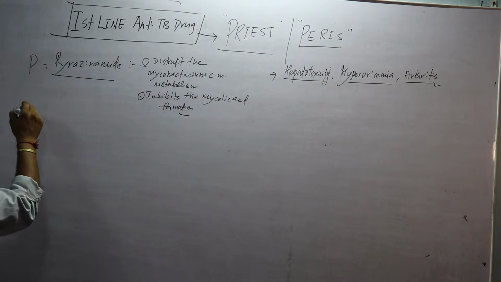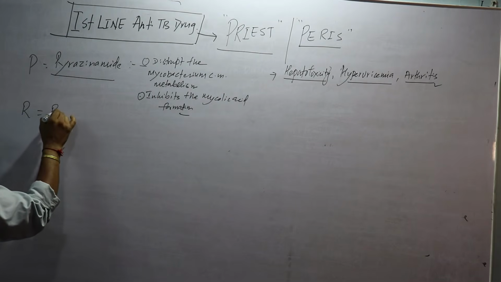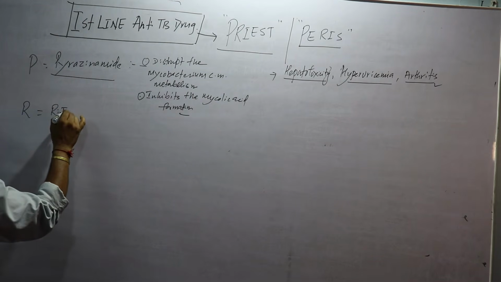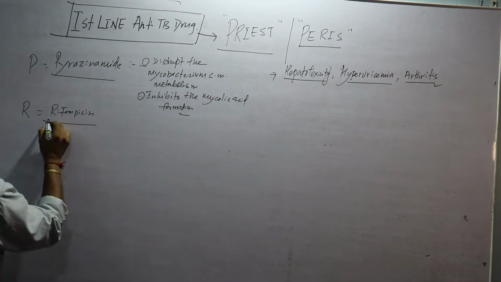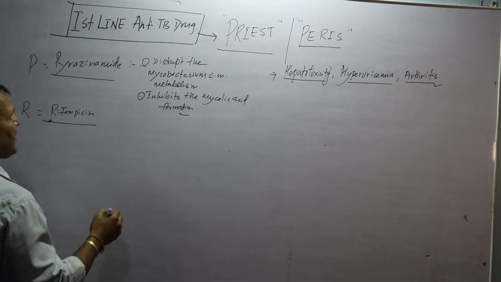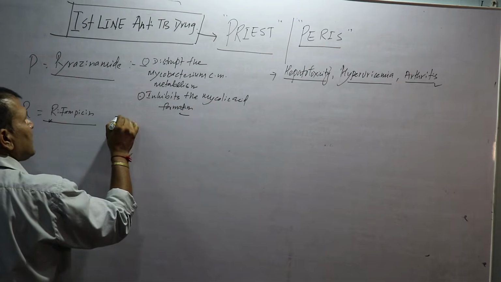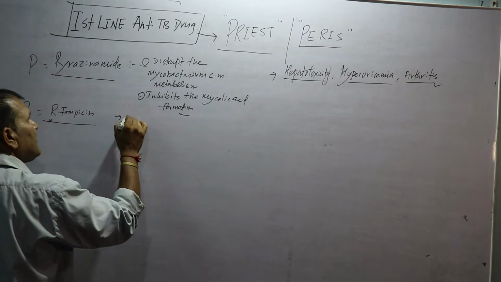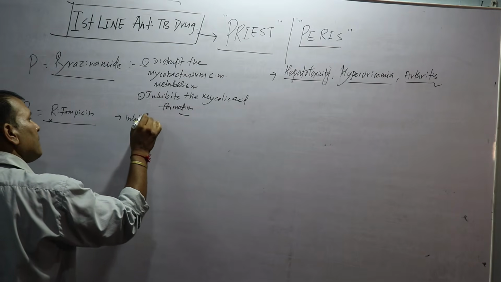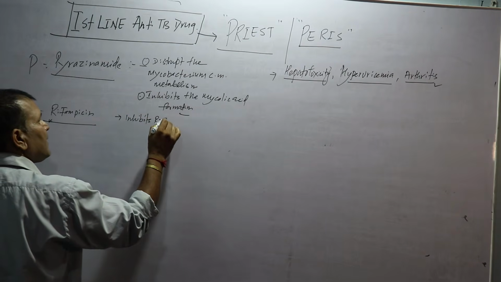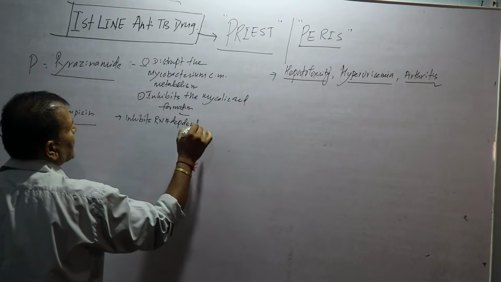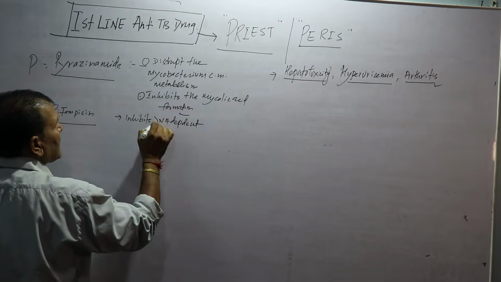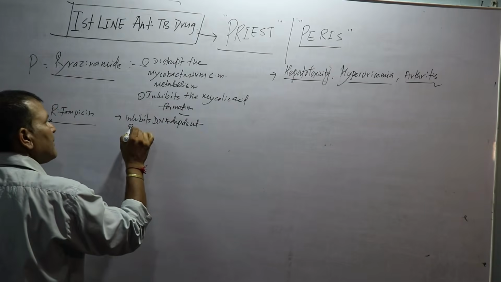So this is a common side effect of pyrazinamide. Second one, R represents rifampicin. Its mode of action is that it inhibits DNA-dependent RNA polymerase.